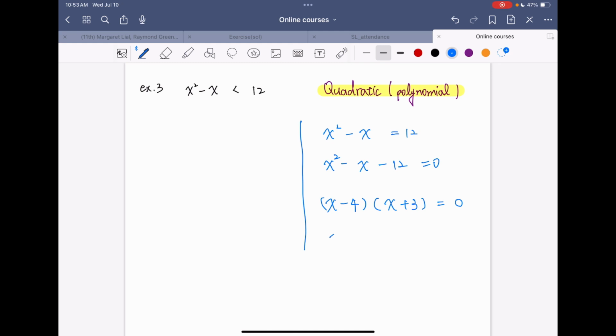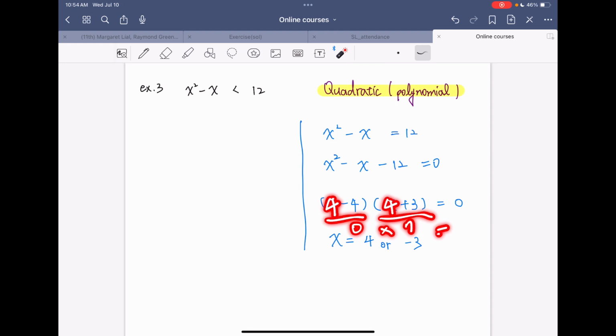Then we can tell that the solution to this polynomial will be 4 or minus 3, because if we use 4 to replace the x, this part will become 0, and this part will become 7, and when they are multiplied, we get 0, because anything times 0 gives us 0.